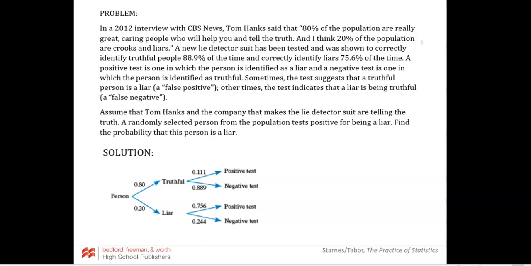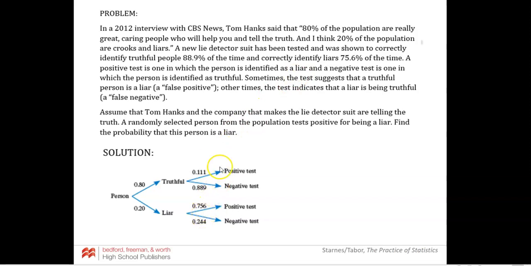So the 80% truthful, a negative test is one in which a person is identified as truthful. Oh, I had to reread that. So a negative test identifies as truthful. If you really are truthful, 80% are truthful, and you also test negative, because that's considered truthful, it would be 0.889 there. I had to reread the way they wrote that.